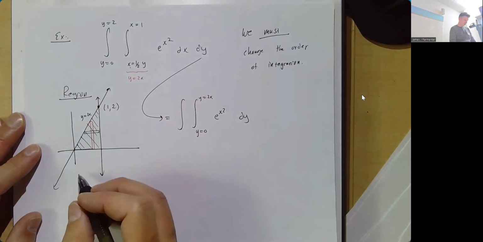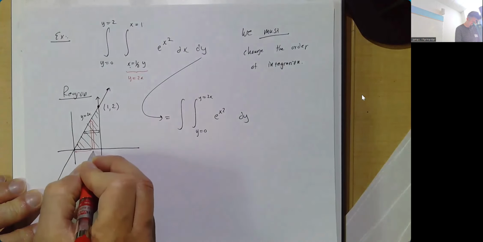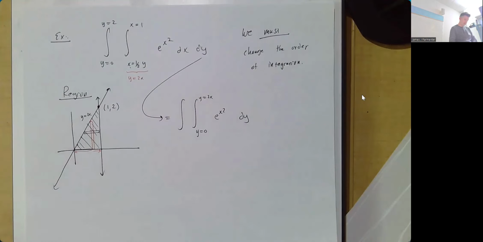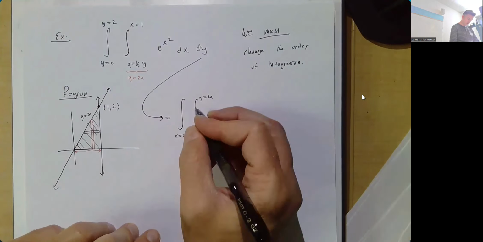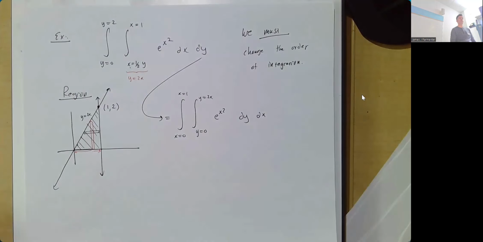And then my outer limits of integration, how far left and how far right my vertical strip slides. As far left is x equals 0, as far right is x equals 1. Same region. I'm describing the same triangle, just in the opposite order that I was before.